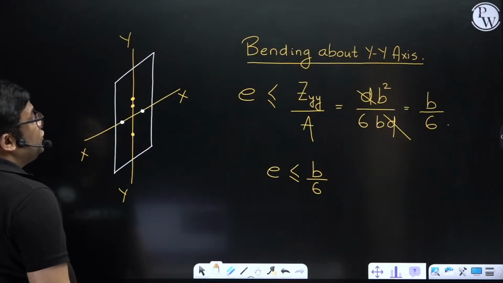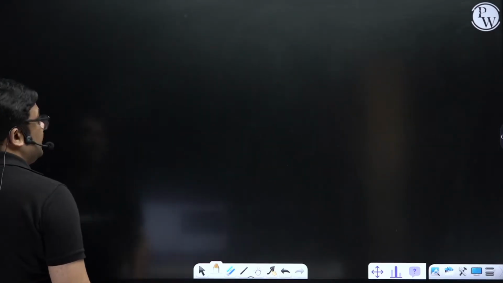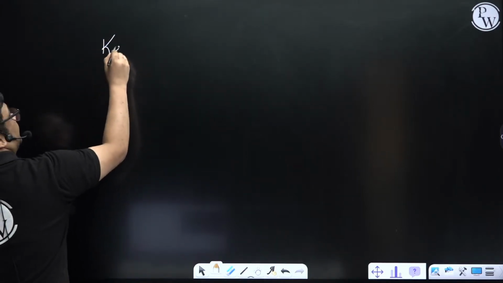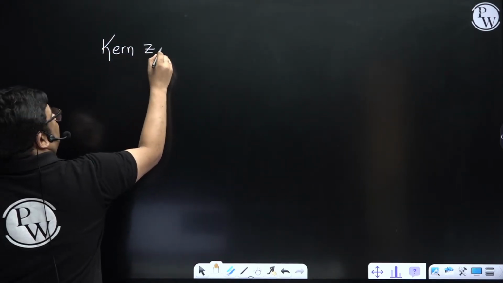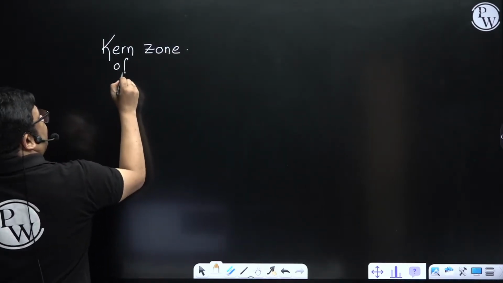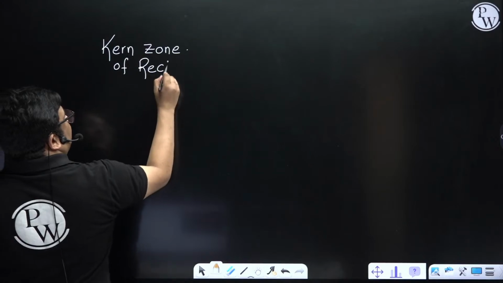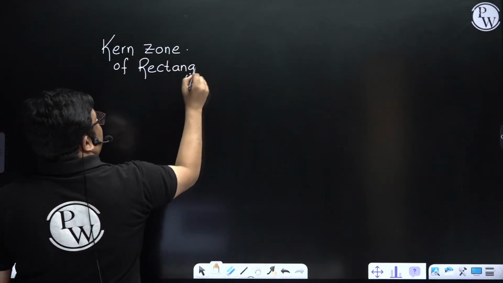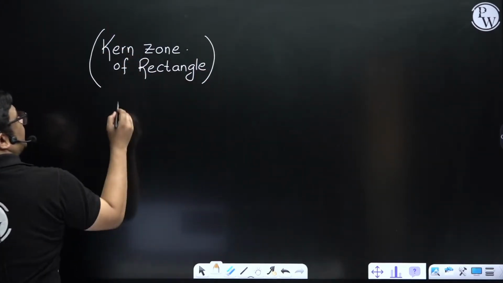For this kern zone of a rectangular cross section, what are the eccentricities?